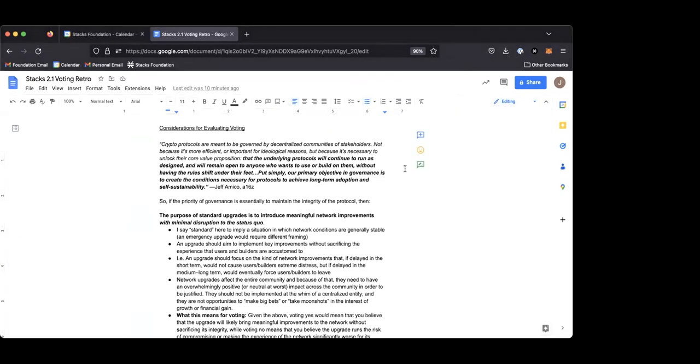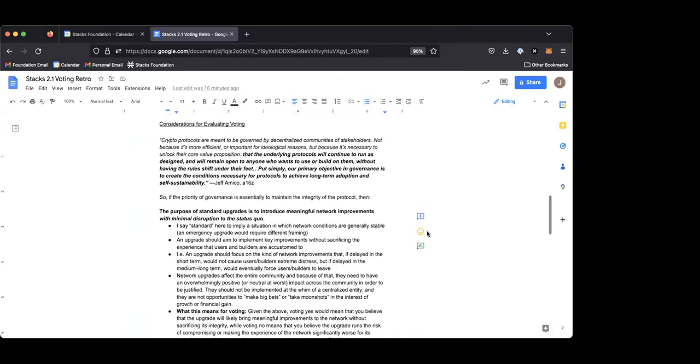But yeah, before we go into that, I wanted to give some context. I was thinking a lot about voting and what it means to us, what is the most important thing about voting for us. And I found this quote from Jeff Amico from A16Z talking about crypto governance. I'll just read it out loud for everyone.